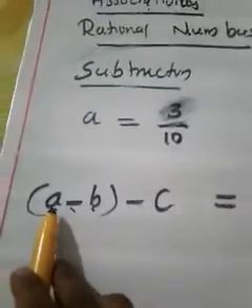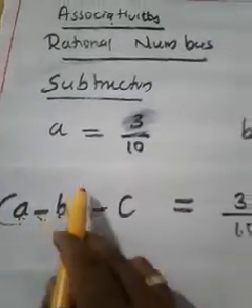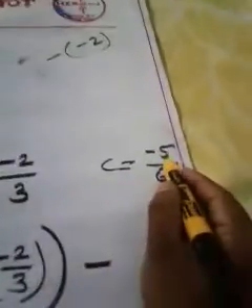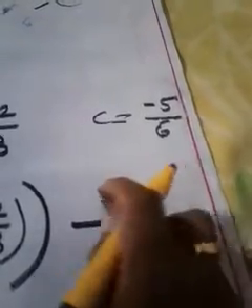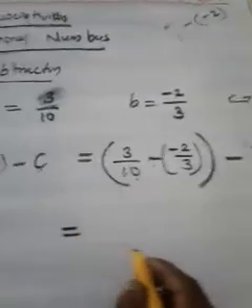That much only. Now you see, I wrote A, then minus, then B. Then I have to group it by using a bracket. See that bracket. Then minus C. What is C? C itself is minus 5 by 6. Here also, if you want, you can give a bracket, because two minuses are coming together. Otherwise, let it be, no problem. Let it be there as you wish. Now we just see.